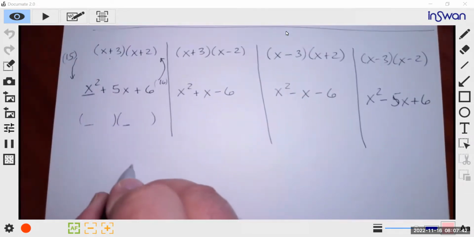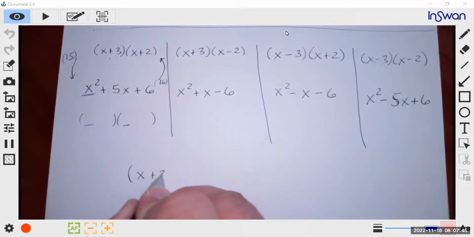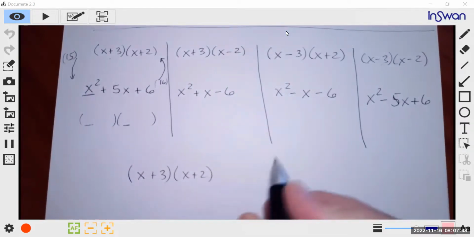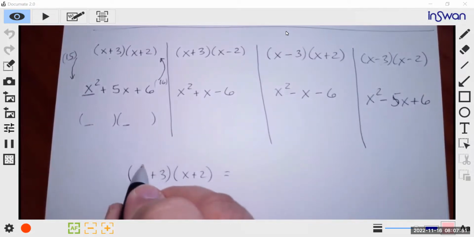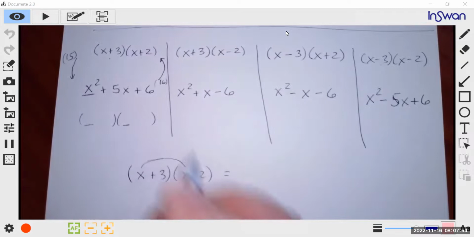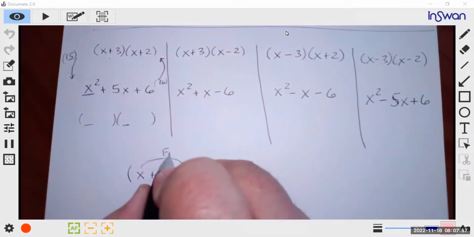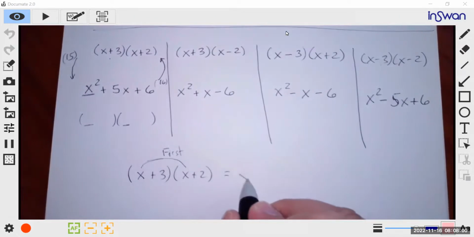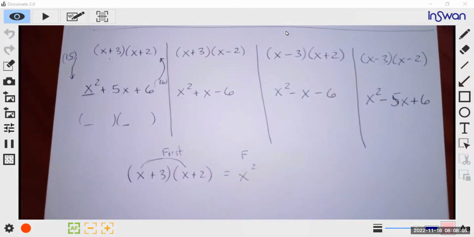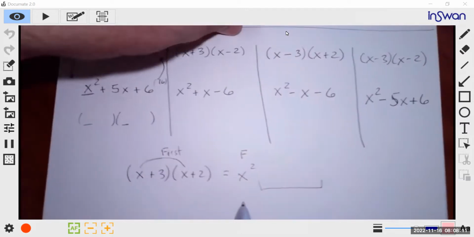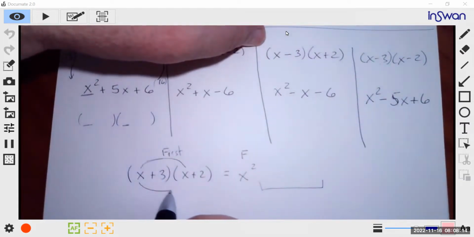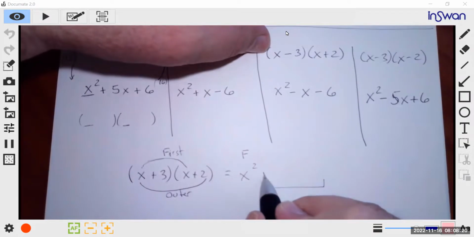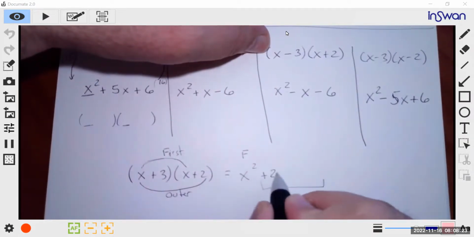Let's just go through the FOIL technique. X plus 3, X plus 2. So the first times the first, that's the F, the first terms. That gives you X squared. That's where the first term comes from. The outer terms: two times X is 2X, it's positive.